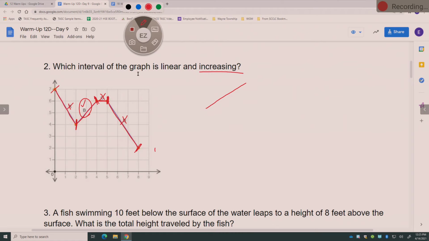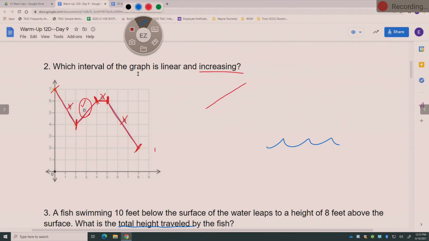Number 3, a fish swimming 10 feet below the surface of the water leaps to a height of 8 feet above the surface. What is the total height traveled by the fish? If you've got 10 seconds, it helps to draw a picture, even if you're not an artist.